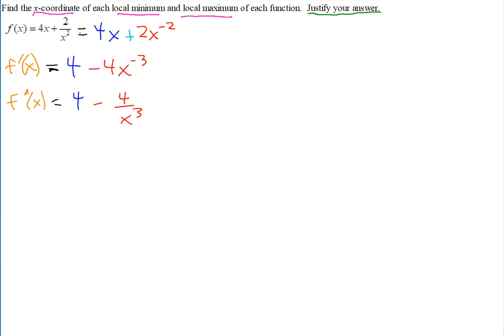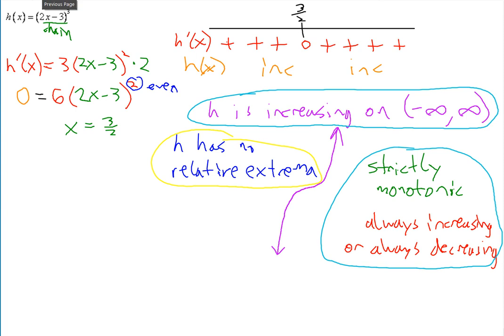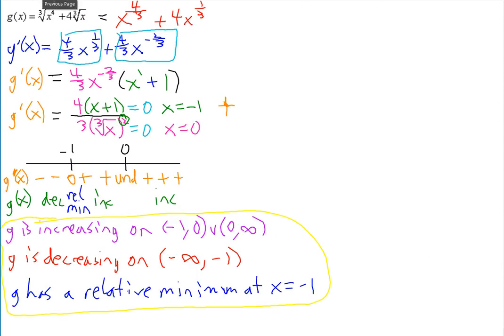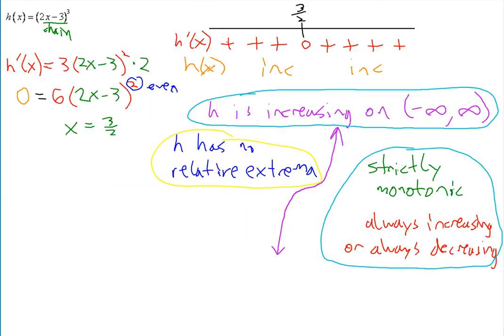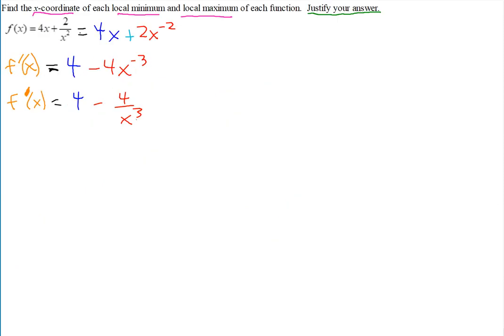But to make sure we get all the critical numbers here, this is just f prime, we want it as a single fraction if there is any fraction, kind of like the one we had over here. Notice when you have a single fraction, then you can easily set the numerator equal to 0, denominator equal to 0, and get all the critical numbers. But we don't quite have that yet, because this one's a fraction, but this one's not. So all you have to do is get a common denominator. In this case, the common denominator would be x cubed.